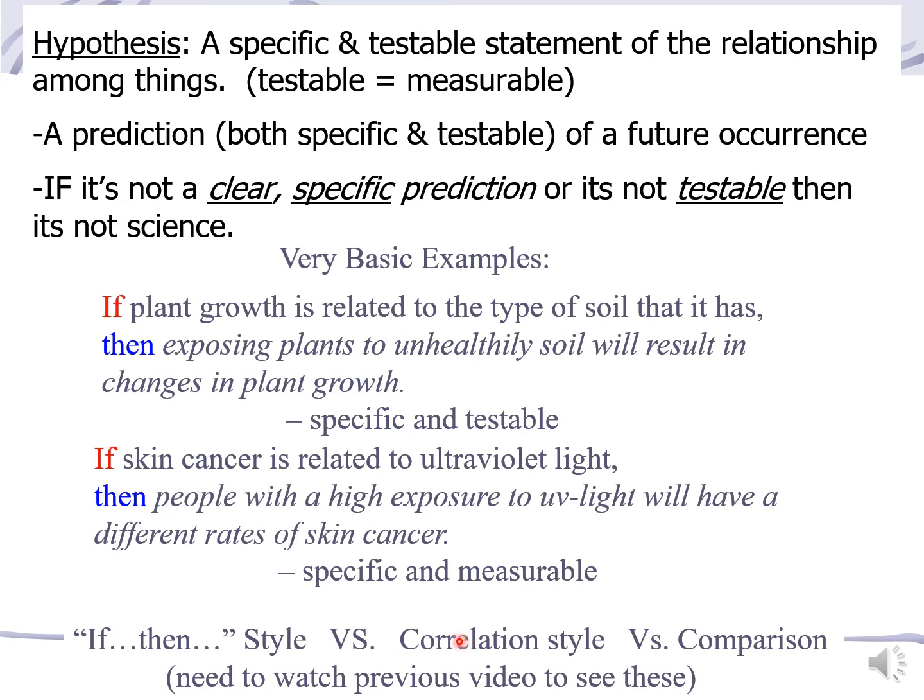The correlation uses the phrase, this will result in, and the comparison uses obviously a comparison style where it says compared to. So what I decided to do to help elevate your style of hypothesis, and you'll see this in the next slide, is actually combine all these into what I call a blended hypothesis.